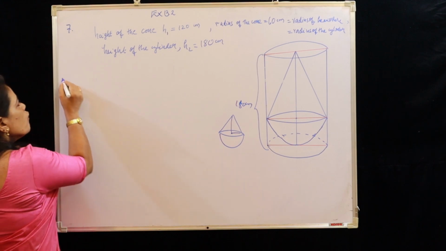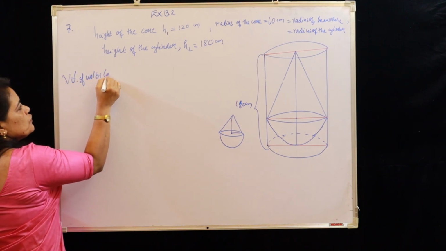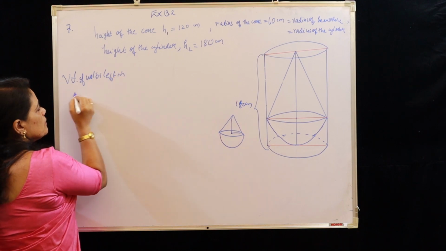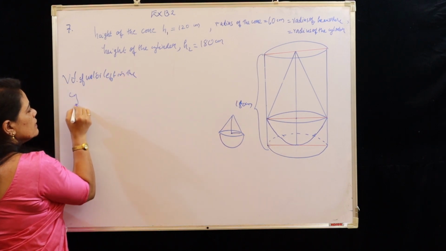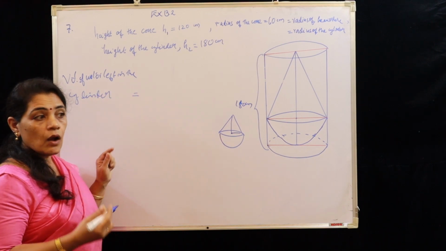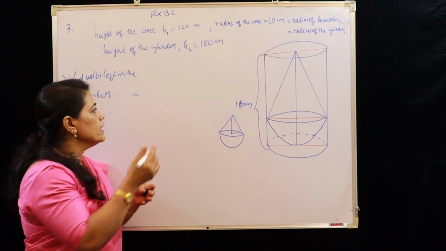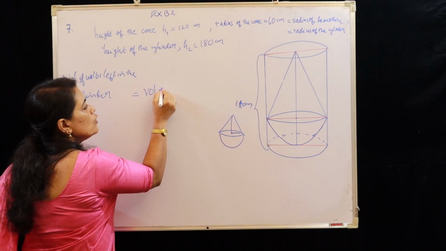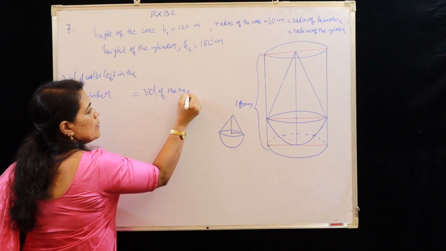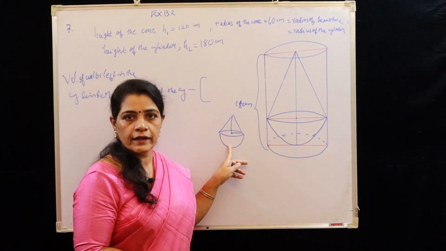So the volume of water left in the cylinder is equal to, what is it? The volume of the entire cylinder minus the volume of the object, this solid, that we are keeping inside.